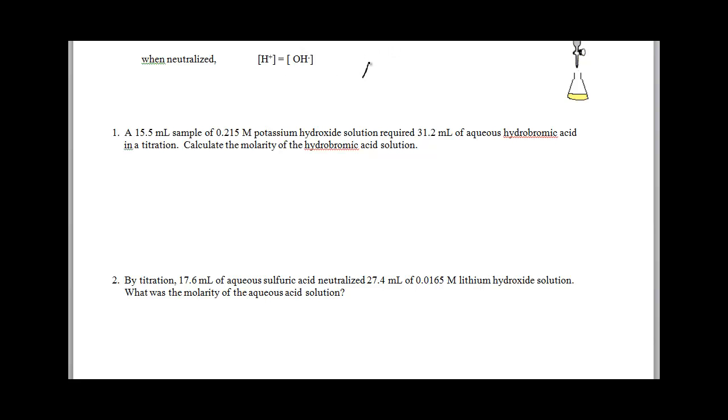We're going to use molarity, which is moles over liters. So my concentration is going to be the same, which means that my moles are the same, that I have the same amount of moles of hydroxide and hydronium. Well, let's rearrange this.